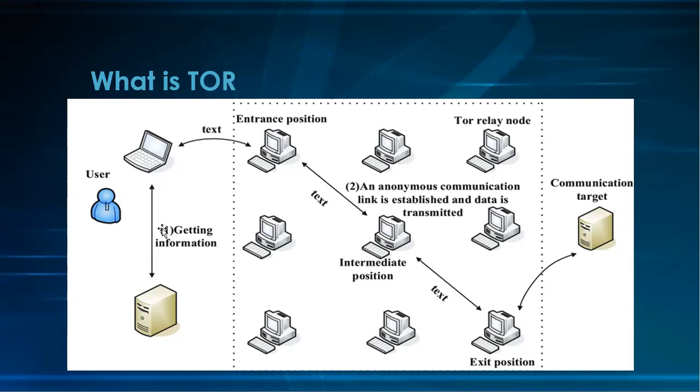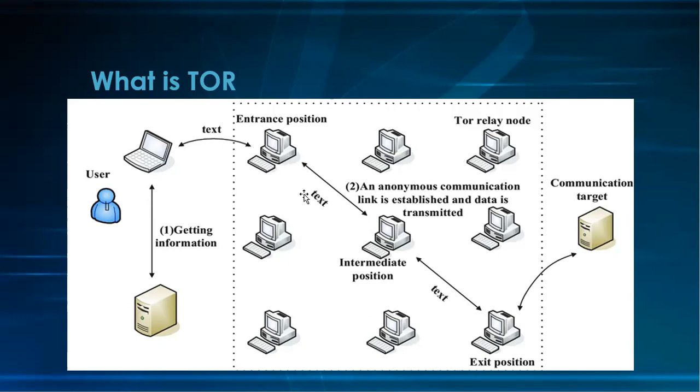So let's say you're the user here and you're trying to access a server here, McDonald's. I just like to simplify things. Well, the Tor network is a network of nodes here. And essentially what your traffic does is it can go through any one of these nodes.